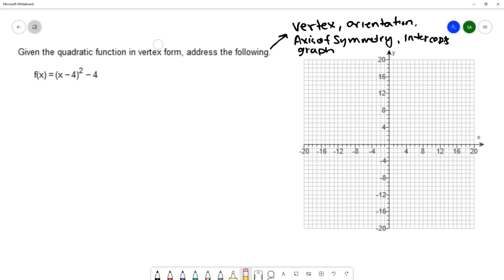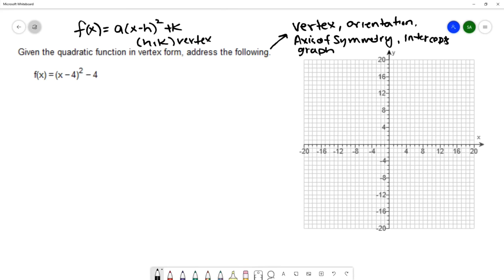The vertex form, let me write that down for you. The vertex form of a quadratic is f of x equals a times (x minus h) squared plus k. And the ordered pair (h, k) is the vertex of the quadratic, the vertex of the parabola.